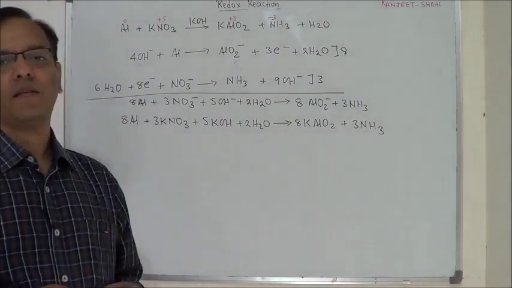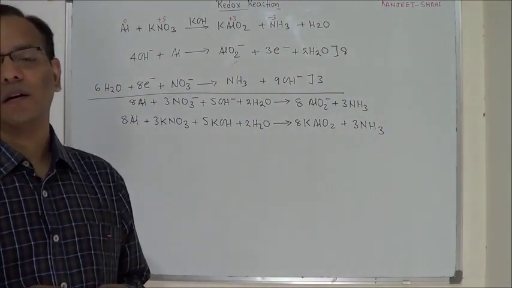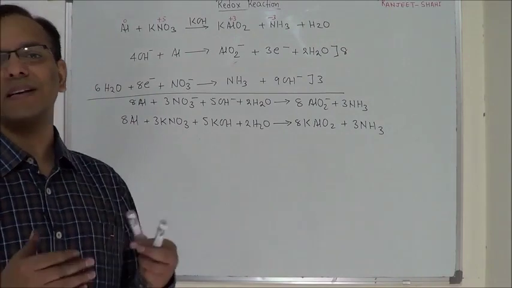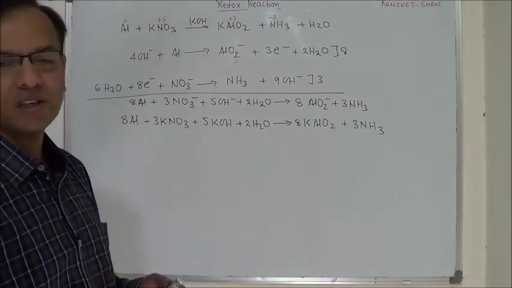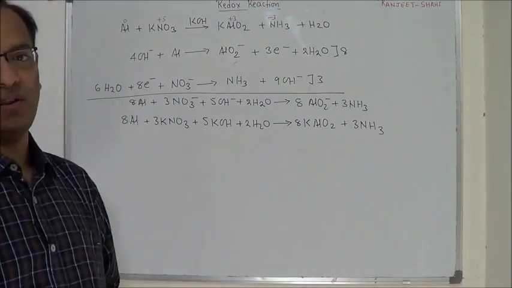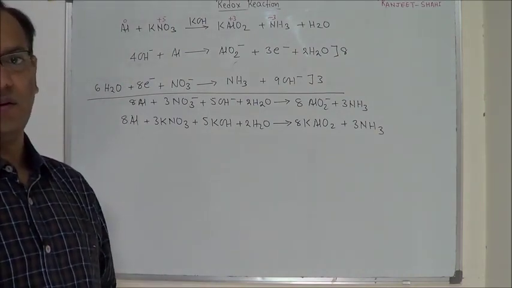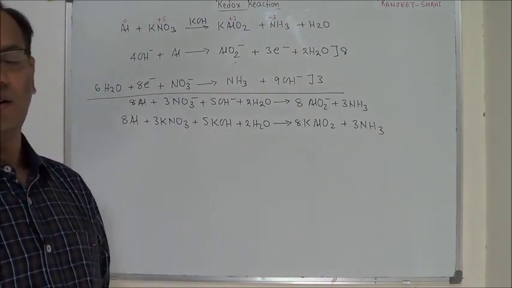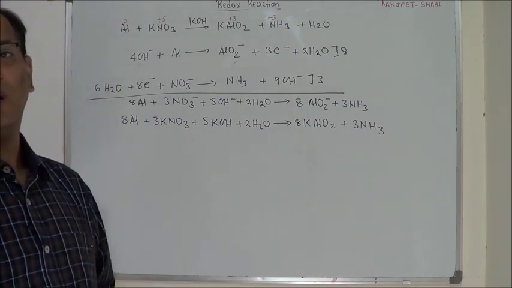Now the question arises: can we balance a disproportionation reaction in this manner? Because in a disproportionation reaction there is only one reagent which undergoes change. The answer is yes. That has to be balanced, and there must be some way out.